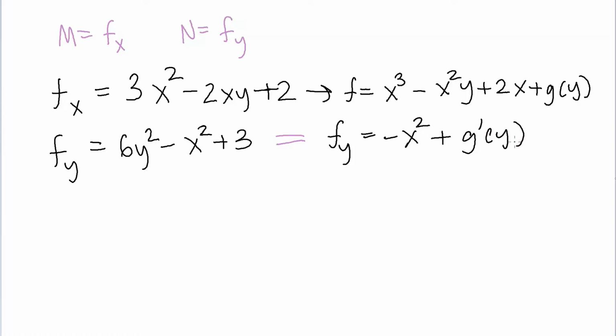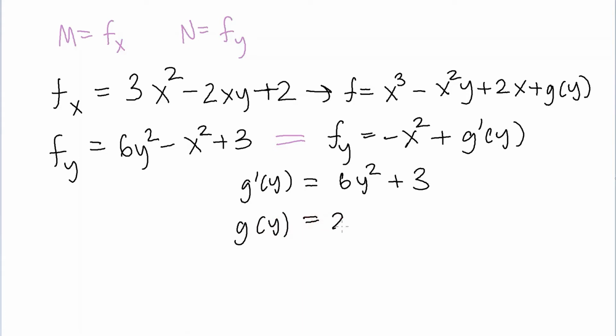Now if we set these equal to each other, we see that g prime of y equals 6y squared plus 3. And if you integrate this, you end up getting g of y equals 2y cubed plus 3y plus c.